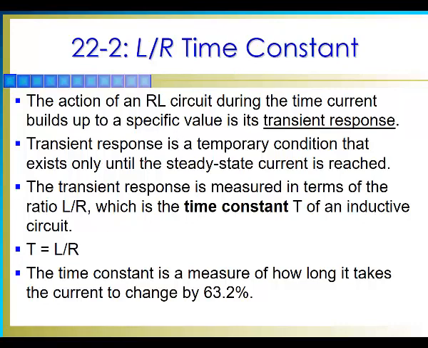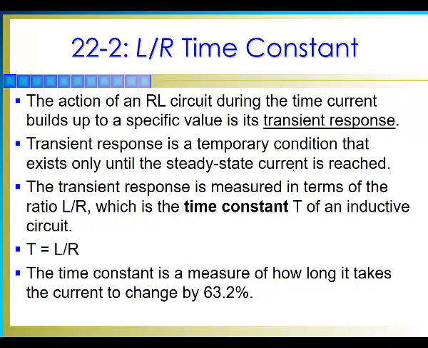The transient response is a temporary condition that exists only until the steady state current is reached. The transient response is measured in terms of the ratio L/R, which is the time constant.